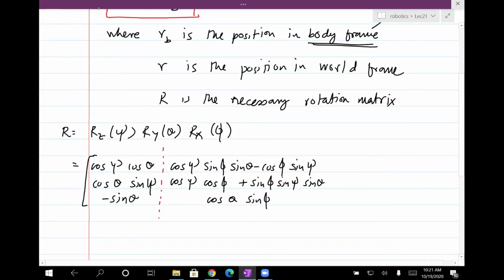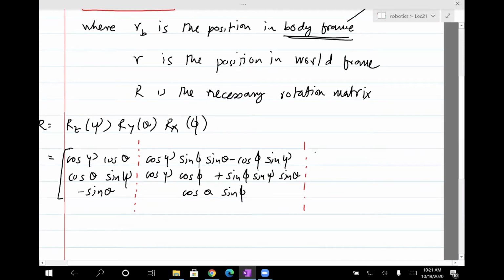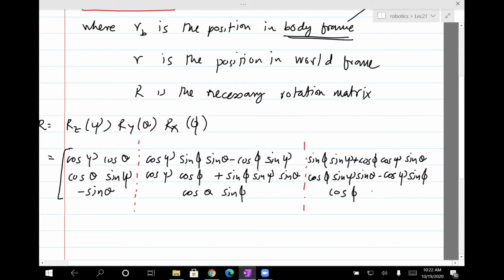This is probably the only time I'll write this down, because you never really do this math by hand. You always use a symbolic computational package to do this. So sine phi, sine psi, plus cosine phi, cosine psi, sine theta, then cosine phi, sine psi, sine theta, minus cosine psi, sine phi, and then finally cosine phi, cosine theta.